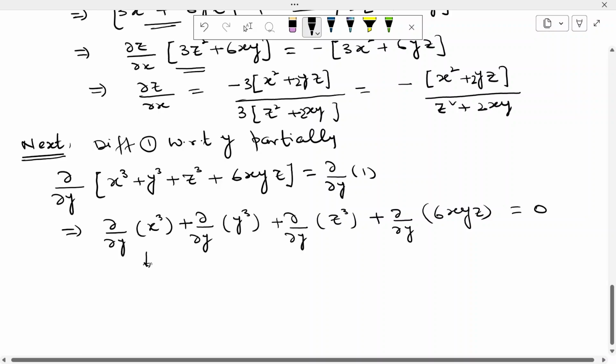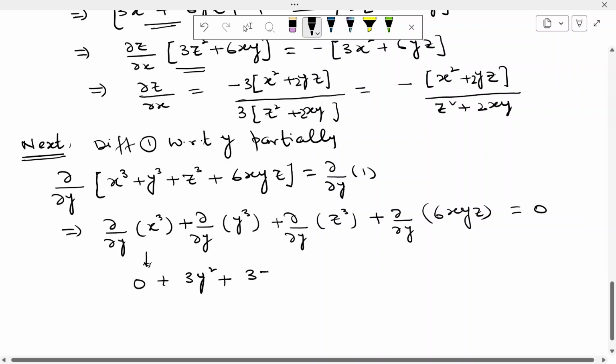Now again here we have 0, because we are performing the differentiation with respect to y, and this is a function of x alone. So this is constant, and this will be 3y², and again this z is a function of x and y, so we cannot consider it constant because z is a function of y, so we need to differentiate this.